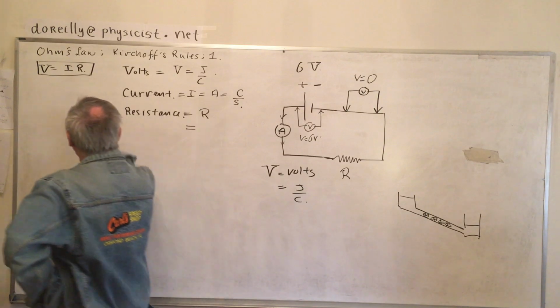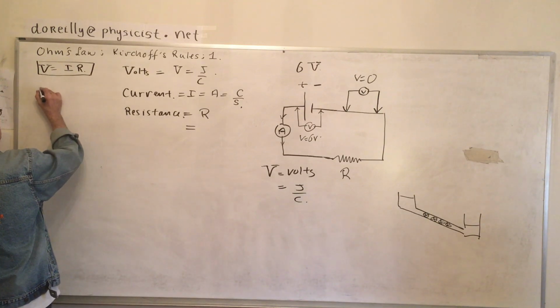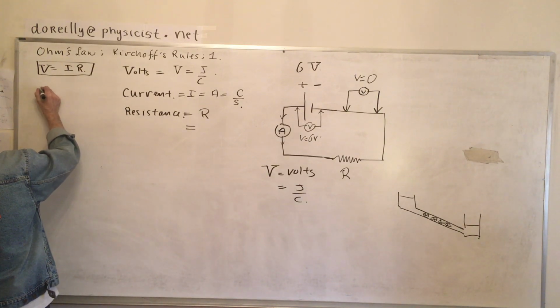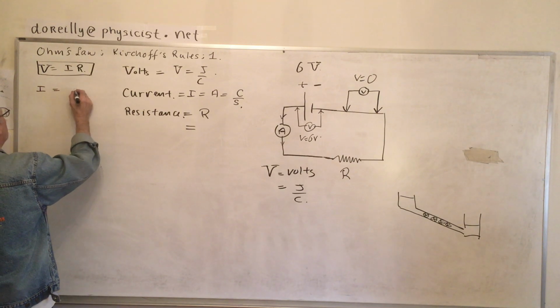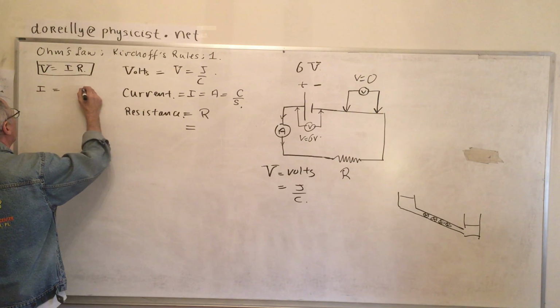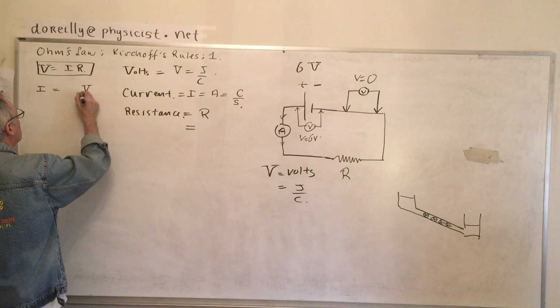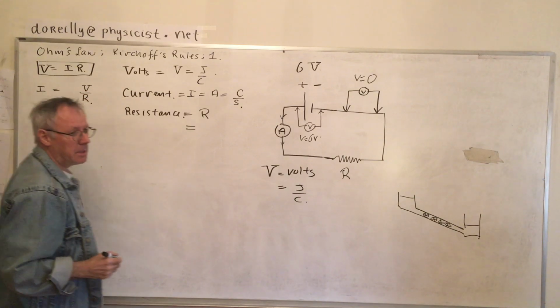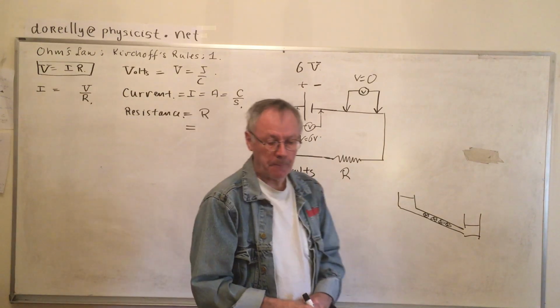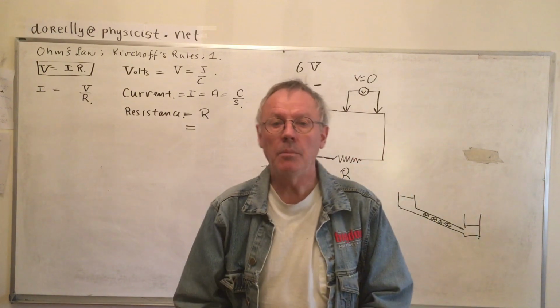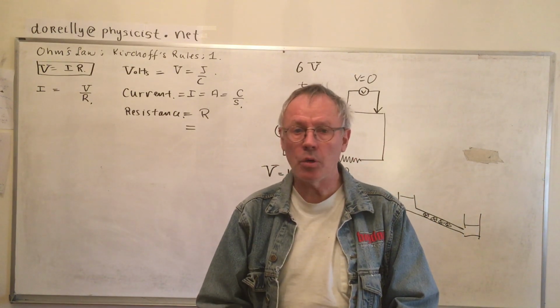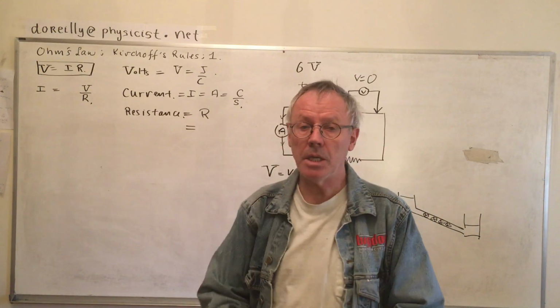Now, Ohm says that the current in a circuit is inversely proportional to the resistance. Now, what that means is this. The more resistance you add, you don't get more current for a certain voltage.